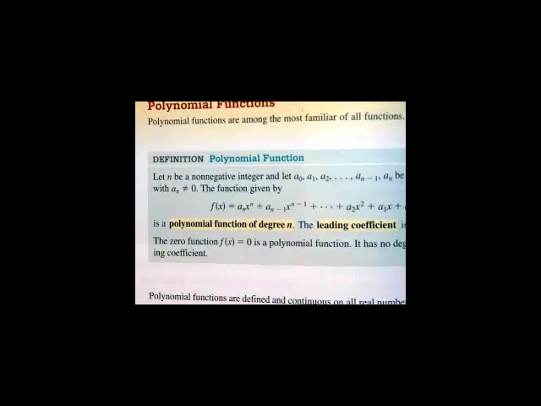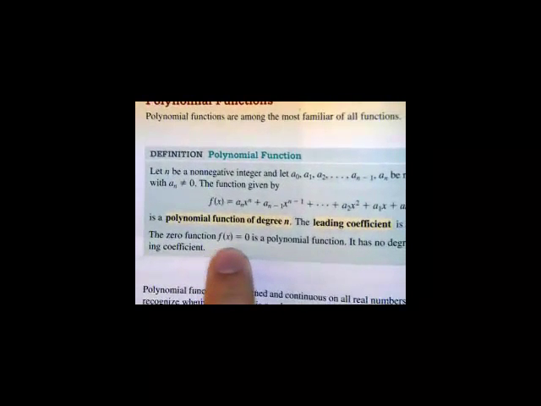So a polynomial function is a summation of a whole bunch of terms where you have a coefficient times x raised to a power, and in each one of those terms, that power is decreasing, all the way down to 0. Does that make sense? That's what a polynomial is, in layman's terms. I think it's an easier way to think about it. Something times x to a power, the powers go down. That's a polynomial.